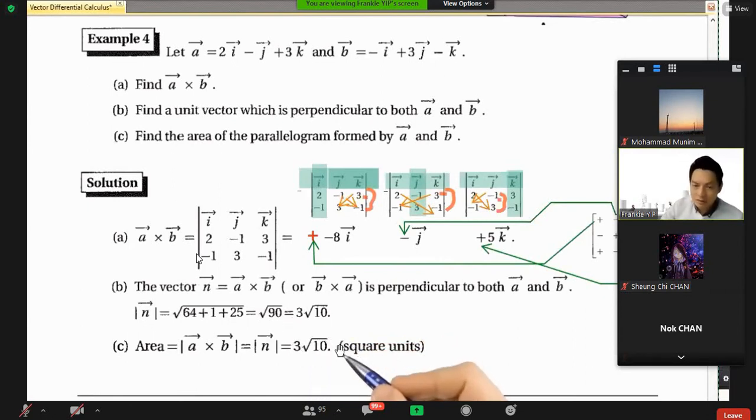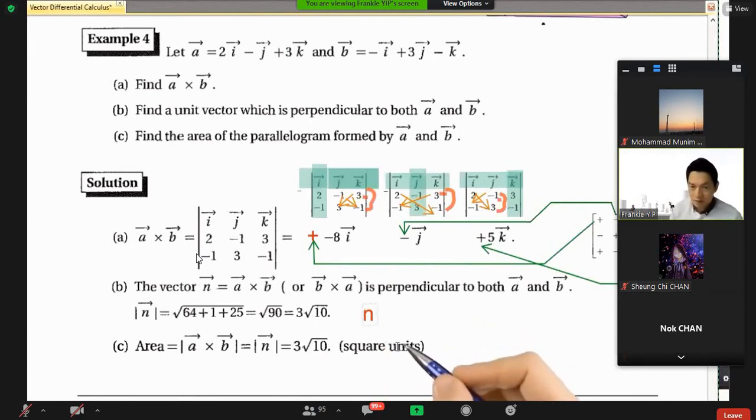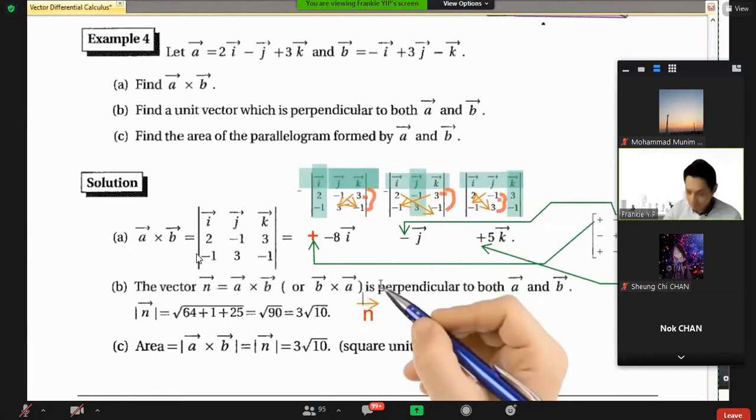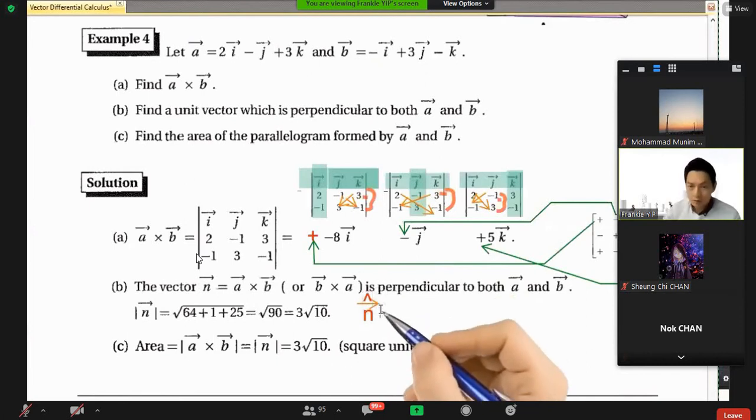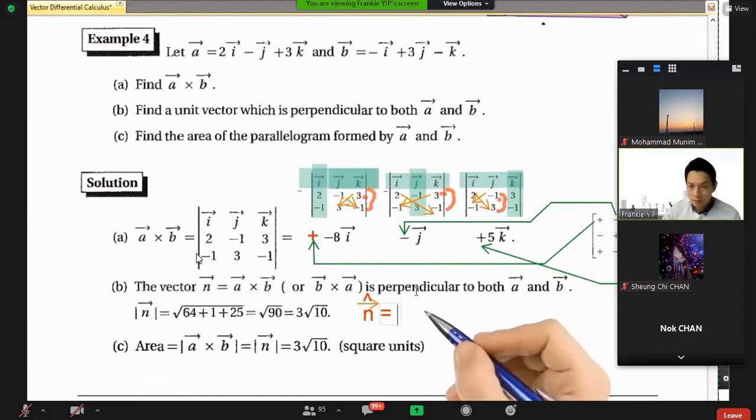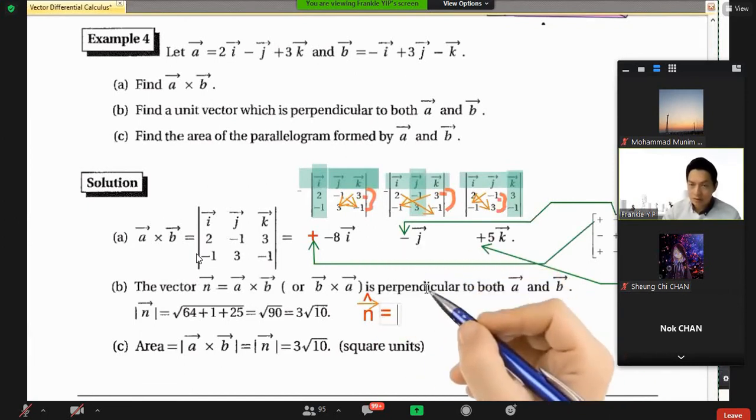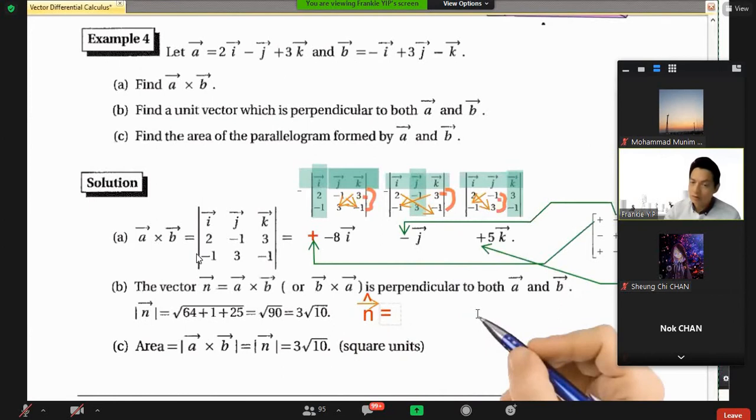And so the unit vector is pretty easy. That means you have the unit vector n with the cap above, which should be equal to this vector over this magnitude.